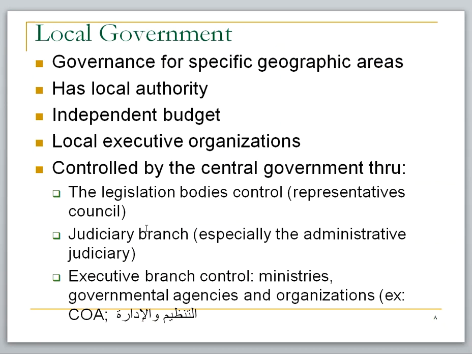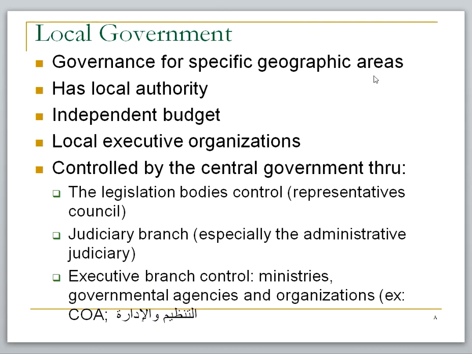Another important part is the local government. It means in Arabic, of course, and we use Arabic here because these are Egyptian terminologies. It must be introduced in Arabic as well. This is الحكم المحلي. الحكم المحلي is related to the governance for specific geographic areas.